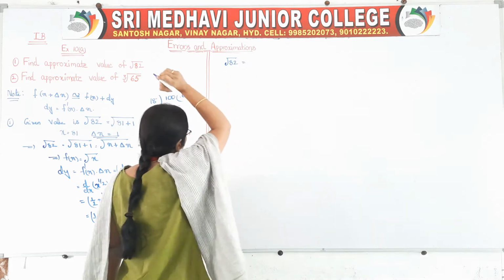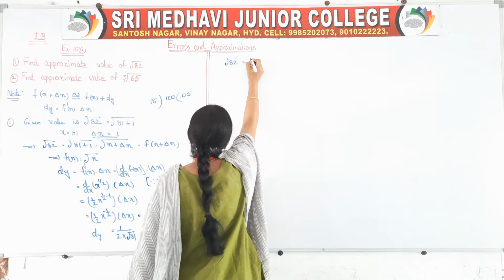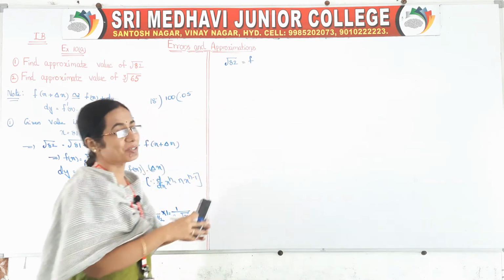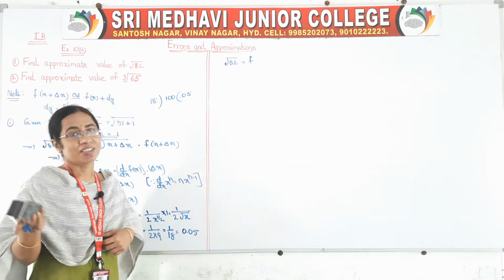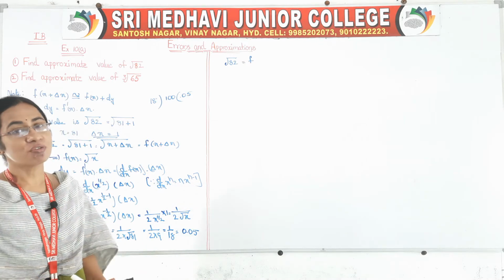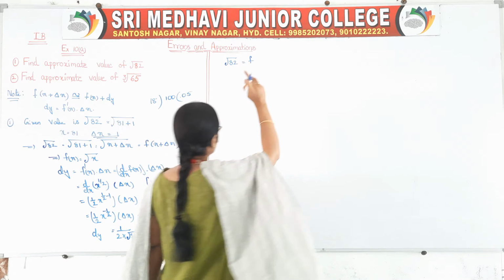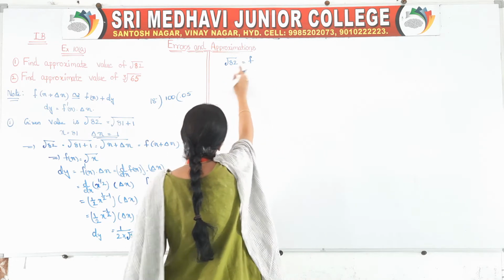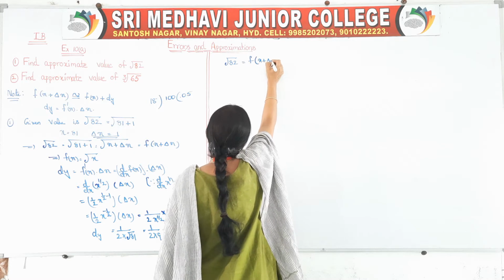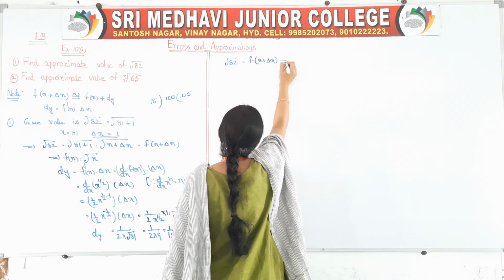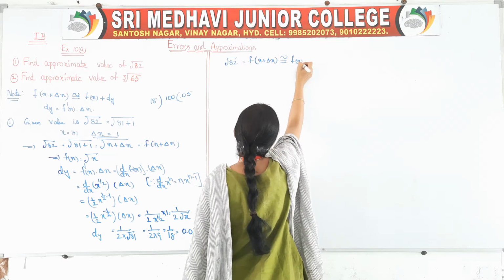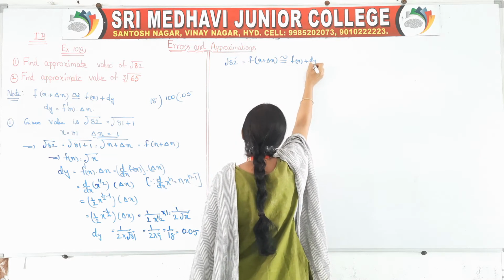The approximate value of root 82, not 82, we have to find root 82. The approximate value of root 82 is f of x plus delta x, so approximately f of x plus dy.